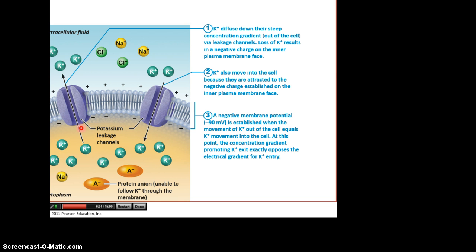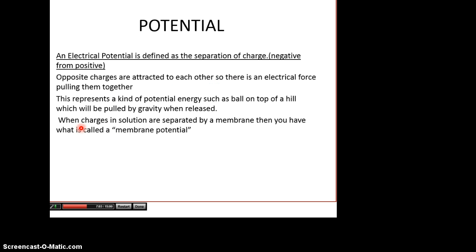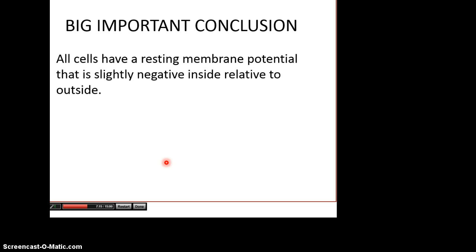They are electrically aware of each other, and that's why we refer to it as a potential, because they're pulling on each other, and it sets up a form of potential energy where the potassium wants to a certain degree to come back inside the cell. So when charges are separated by a membrane, we refer to this as a membrane potential.